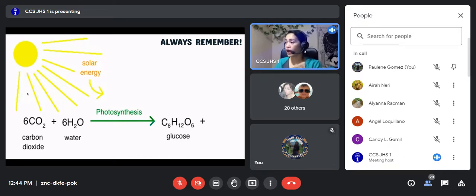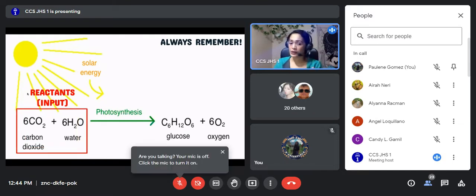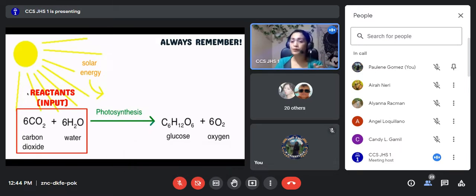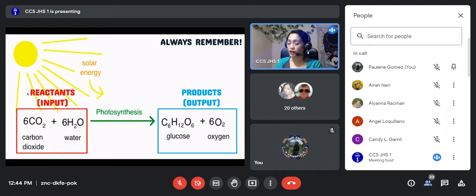And then, as this process undergoes the different stages, it will produce glucose and oxygen gas. As I've said, the left side of the arrow is the reactants or the input, and we have here the product or the output.